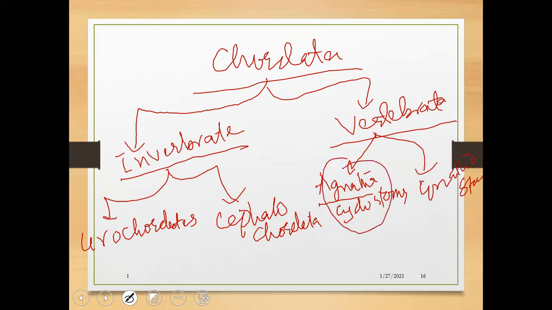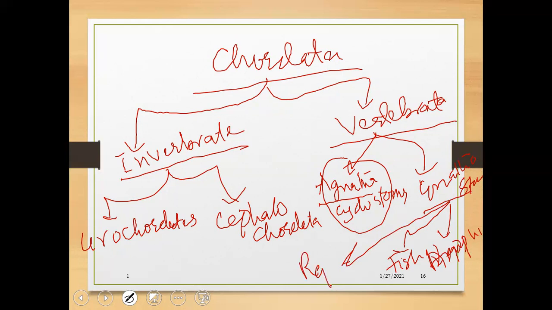Cyclostomes are organisms especially known as petromyzons, or we can say hagfishes, and gnathostomes are further classified into fishes and tetrapods: amphibians, reptiles, birds, and mammals are included.